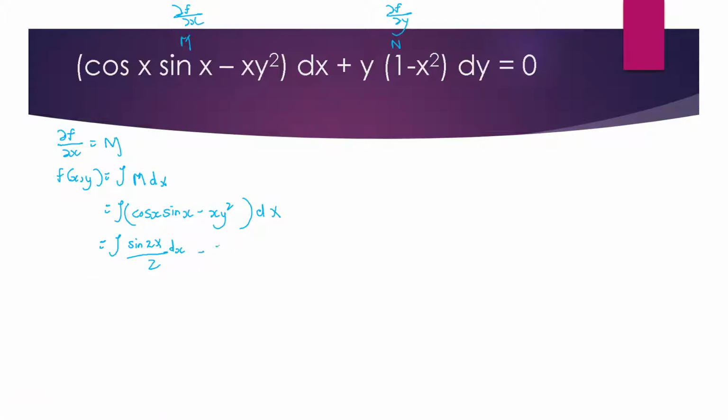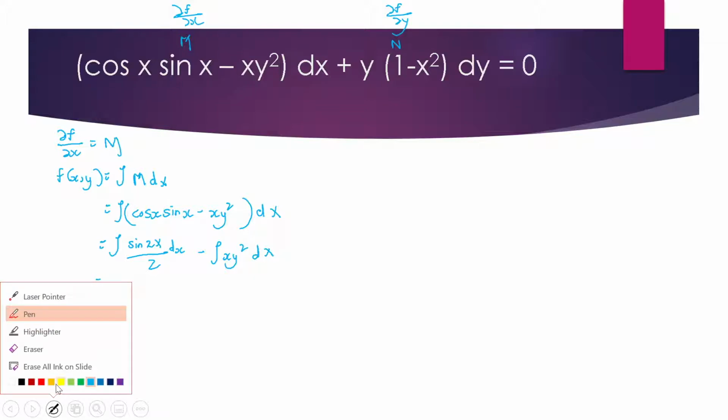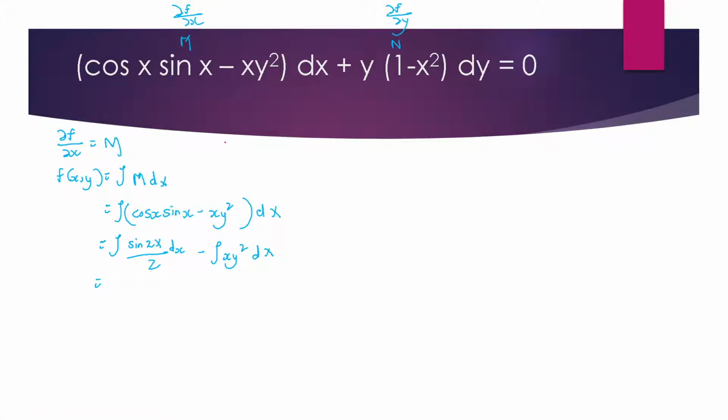So minus integrate x y squared dx. Cos x sin x is equal to sin 2x divided by 2, because sin 2x is actually 2 sin x cos x.